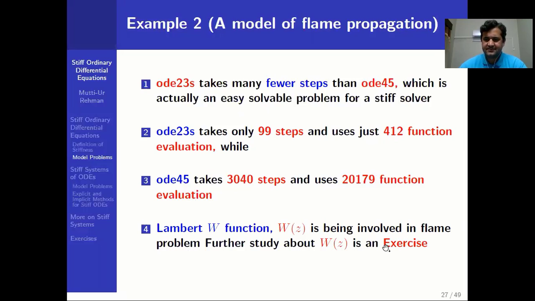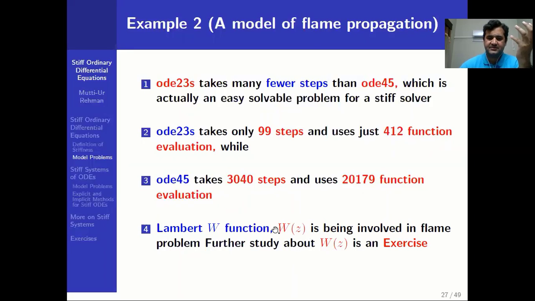Of course, this is an exercise, and unfortunately, you have to do it. But the point is, if you solve this problem analytically, then you will see that in the solution, the Lambert W function will appear. This is a quite famous function.